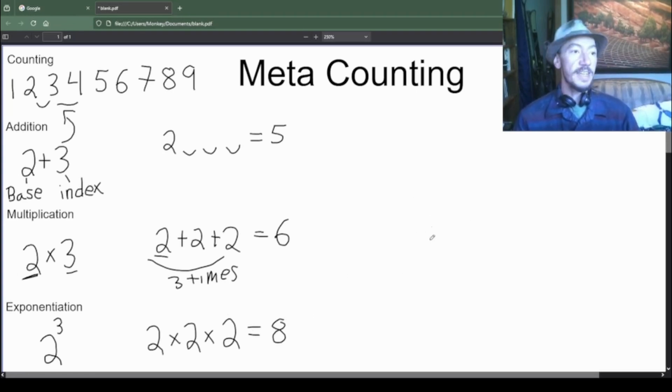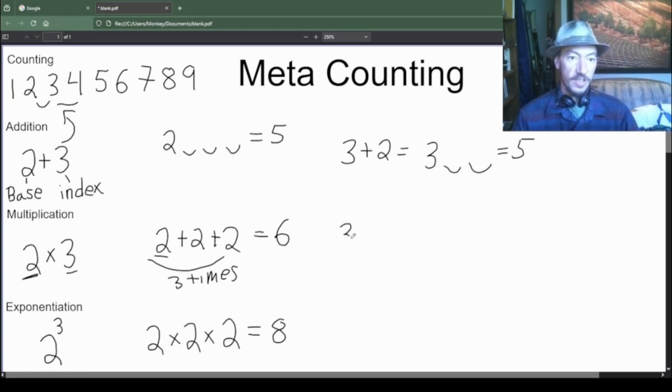Now some small details to be aware of. Notice with addition and multiplication that 2 plus 3 is also the same thing as 3 plus 2. If we start with the base 3 and do 2 counting operations, 3, 4, 5, we get to the same place as if we started with 2 and counted up 3. Same thing with multiplication.